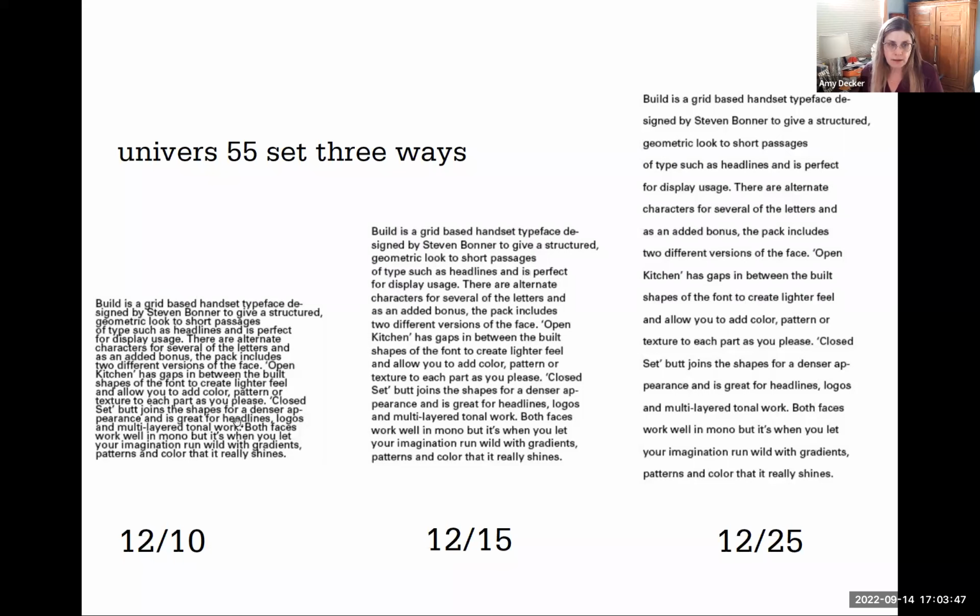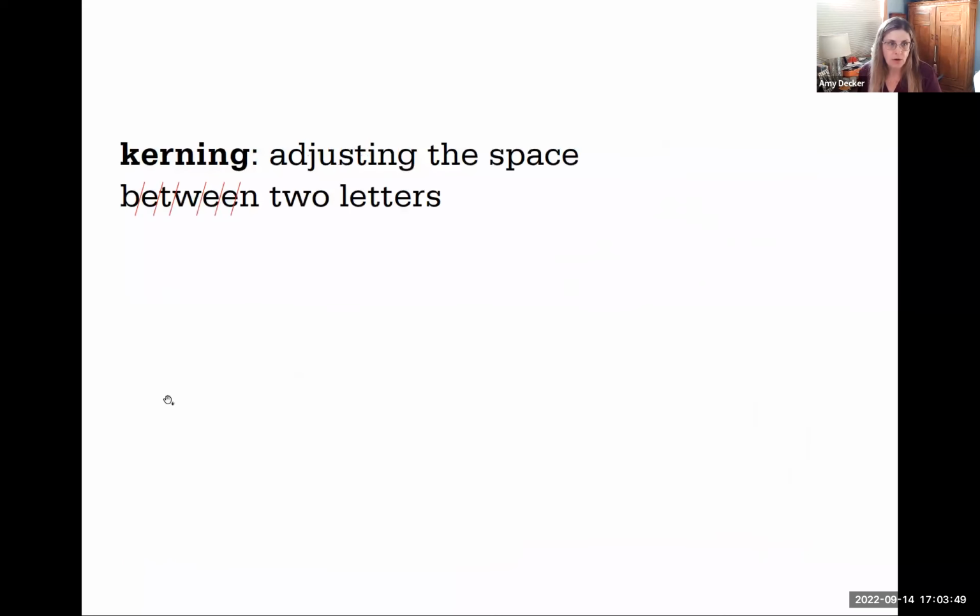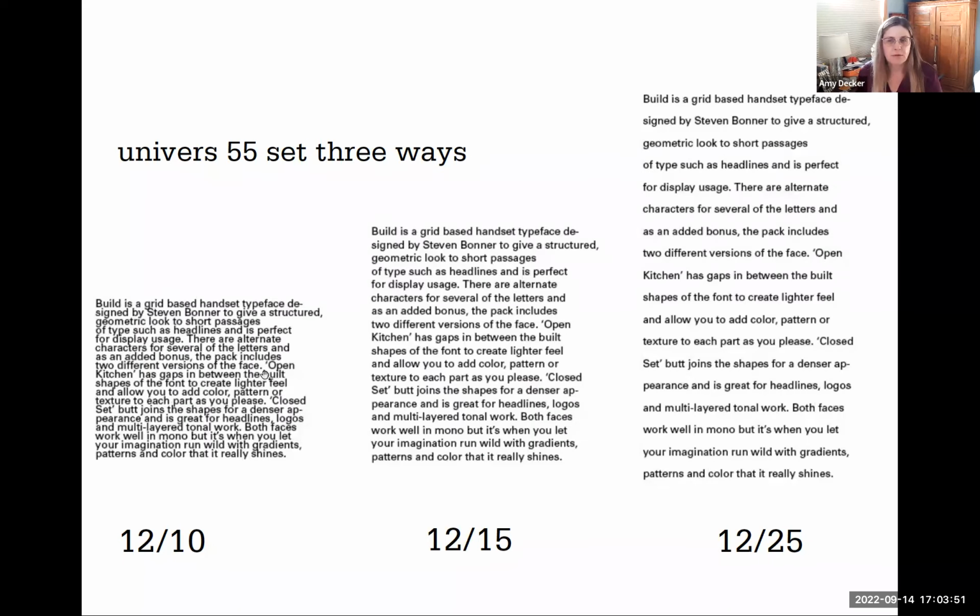So look at these closely. Oh, hold on. I didn't mean to switch screens. What do we think? Which one, and let's put it in the chat. I want to take a little poll with everybody. Which one of these 3 would you want to read? Which one do you think is the most legible? If we were to read a book, which one would be the one we want to read?